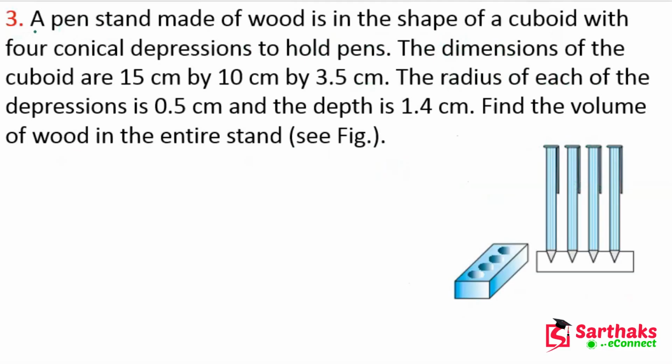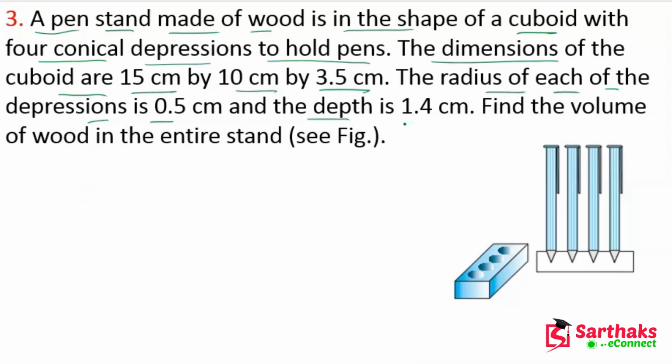Question number 3: a pen stand made of wood is in the shape of a cuboid with 4 conical depressions to hold pens. The dimensions of the cuboid are 15 centimeter, 10 centimeter and 3.5 centimeter. The radius of each of the depressions is 0.5 centimeter and the depth is 1.4 centimeter. Find the volume of wood in the entire stand.